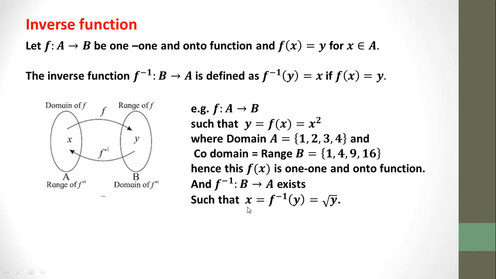You have to write x is equal to f inverse y, that is equal to root y. So this is the inverse of this function. Okay, so for the existence of inverse, the function must be one-one as well as onto. Clear the idea of inverse function by this example. Okay, thank you.